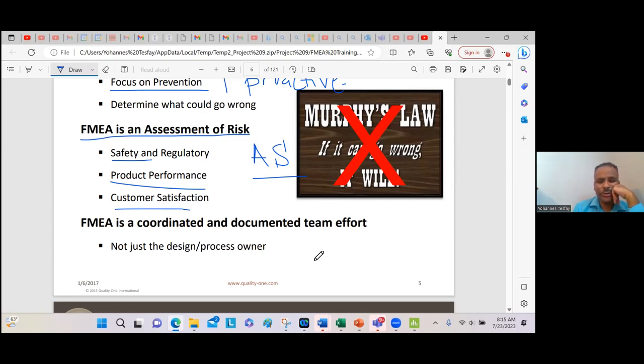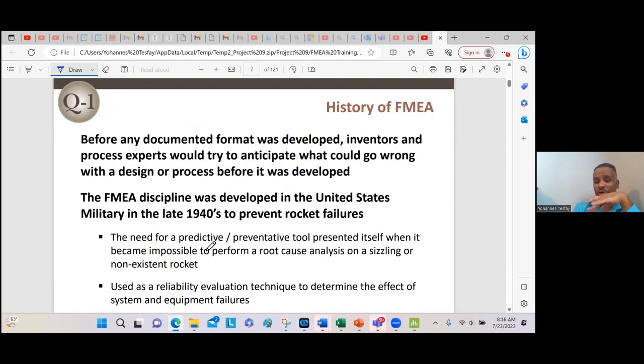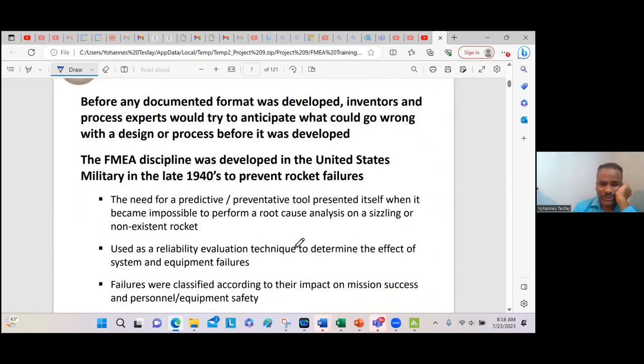FMEA is coordinated and documented as a team effort. There are a lot of people working in FMEA. So you're going to do those things as a group. Next, how it came about: it came about to prevent rocket failures.